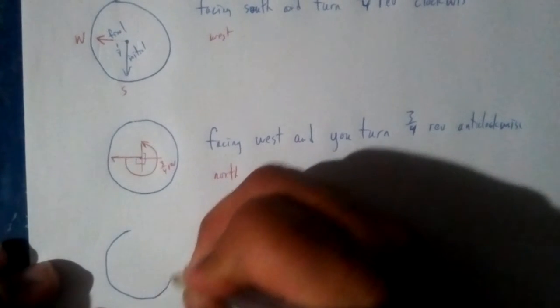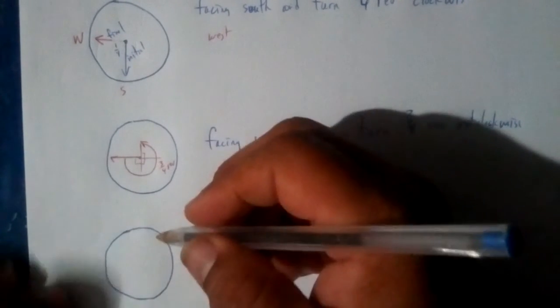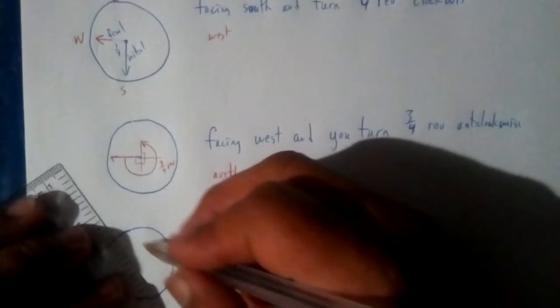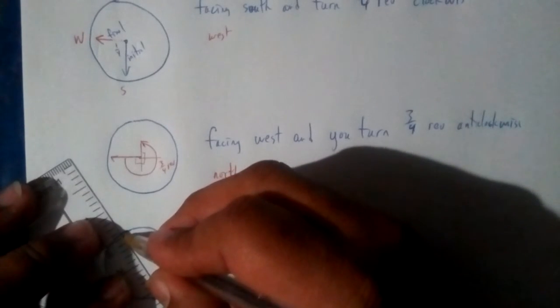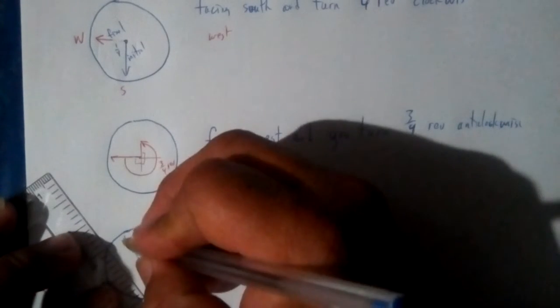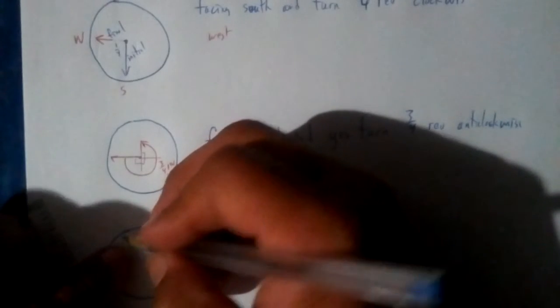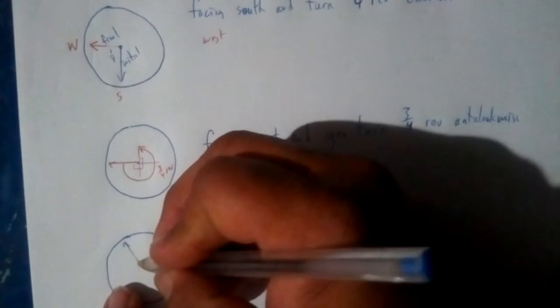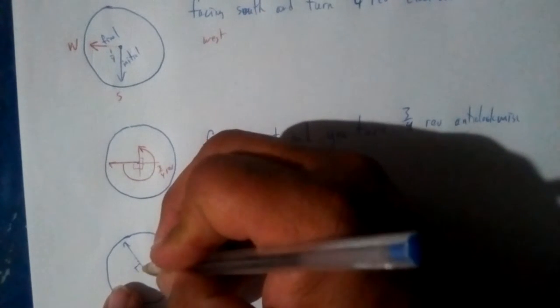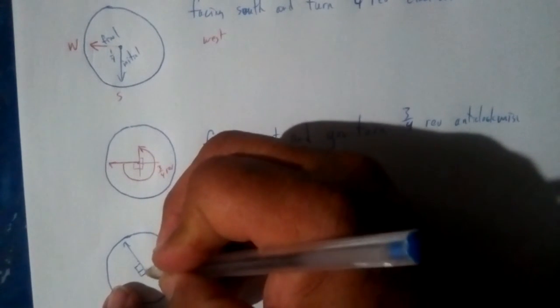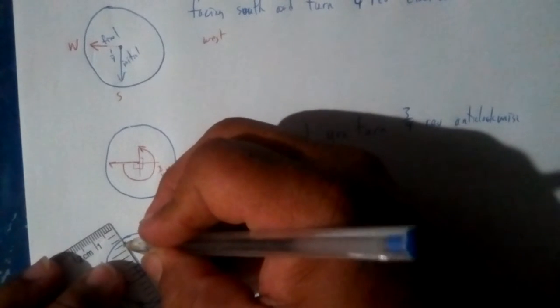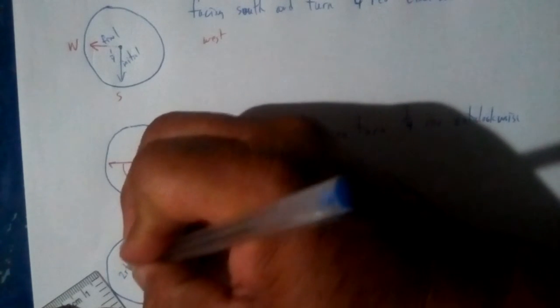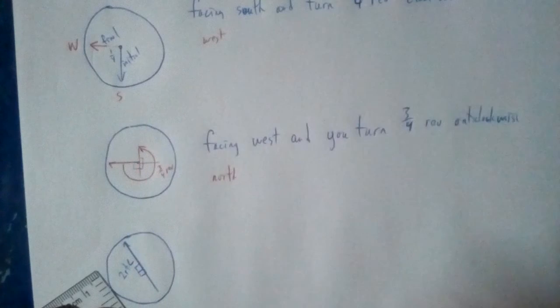Another example is here, and let's say I am in this position, okay, that is in that direction, and I turn two right angles. That means I would then go this and I would then go this. That would be two right angles.